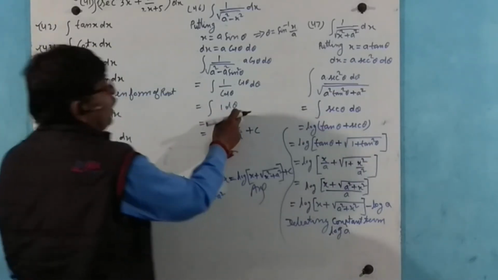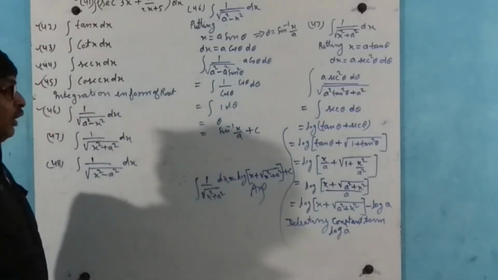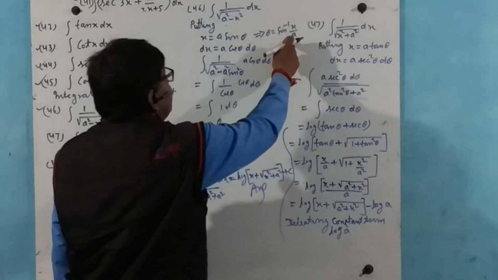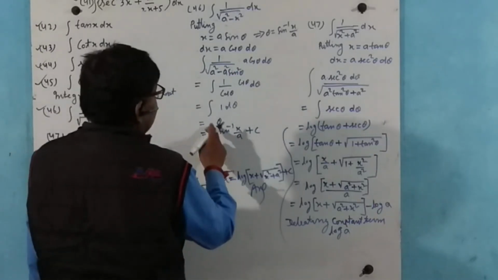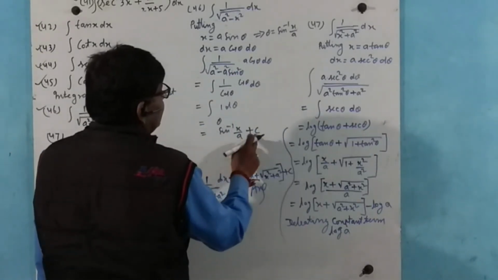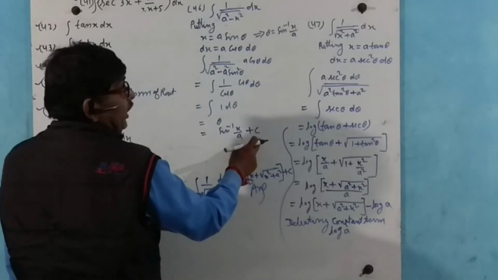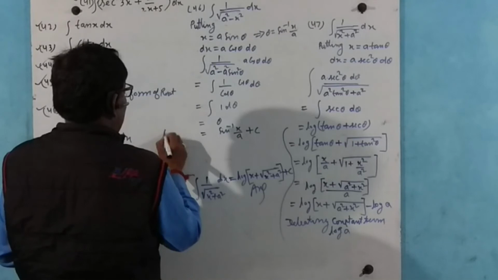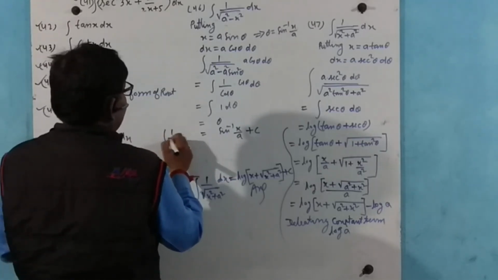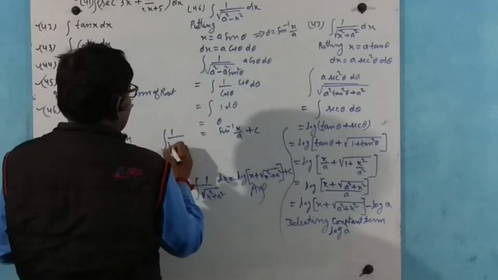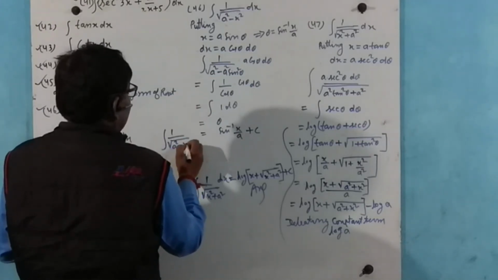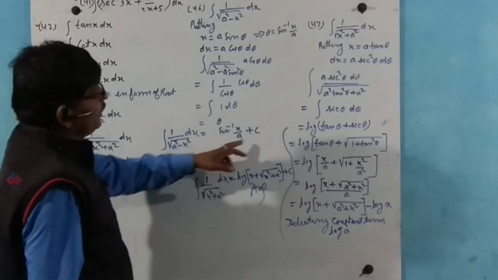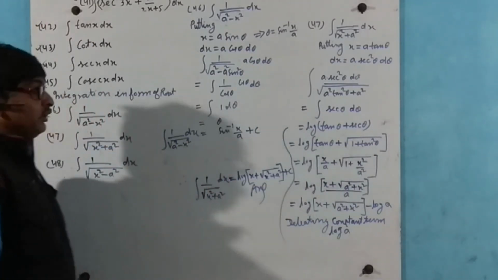Now the integration of 1 d theta is theta, and theta is equal to sin inverse x by a, and we add the integrating constant c here. So the integration of 1 by under root a square minus x square dx equals sin inverse x by a plus integrating constant c.